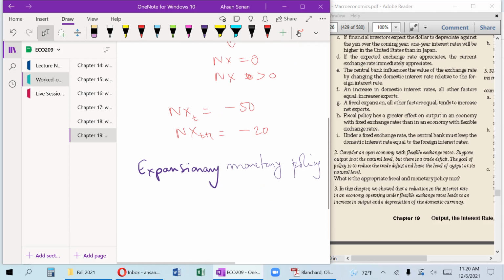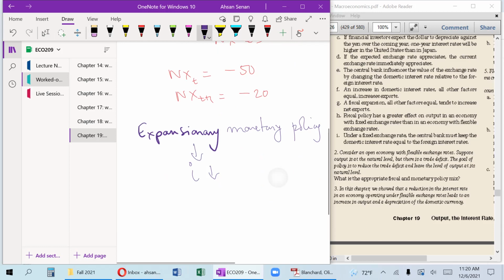Of course, you guys know what this means: expansionary monetary policy means that we're going to lower the interest rate, the policy rate at the nominal level. If nominal interest rate were to go down, you know from this chapter that that would mean that the nominal exchange rate, E, is also going to go down.